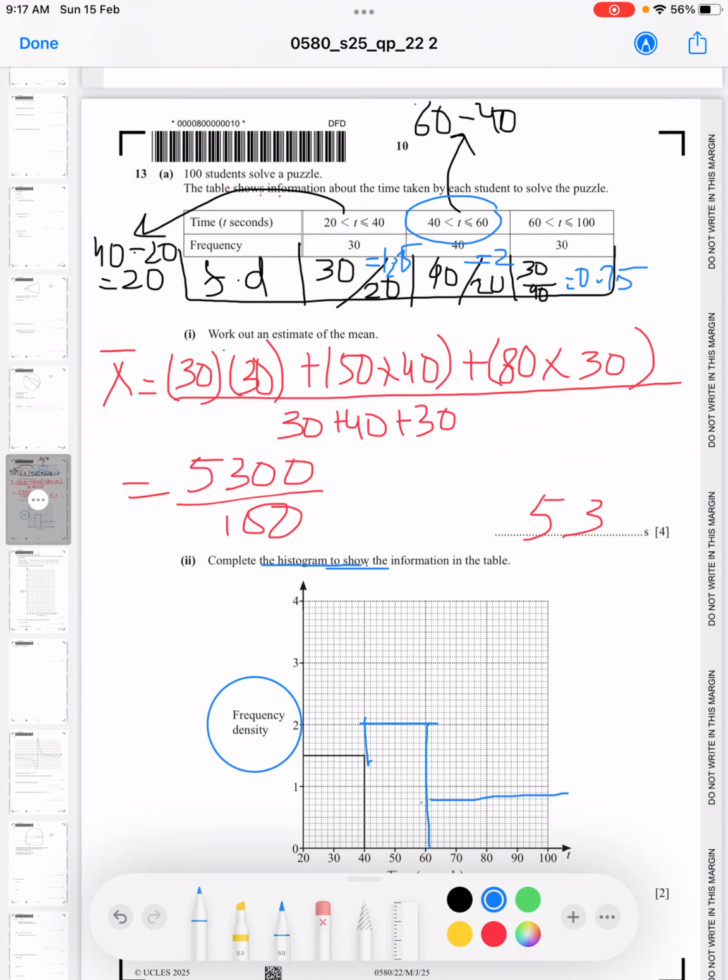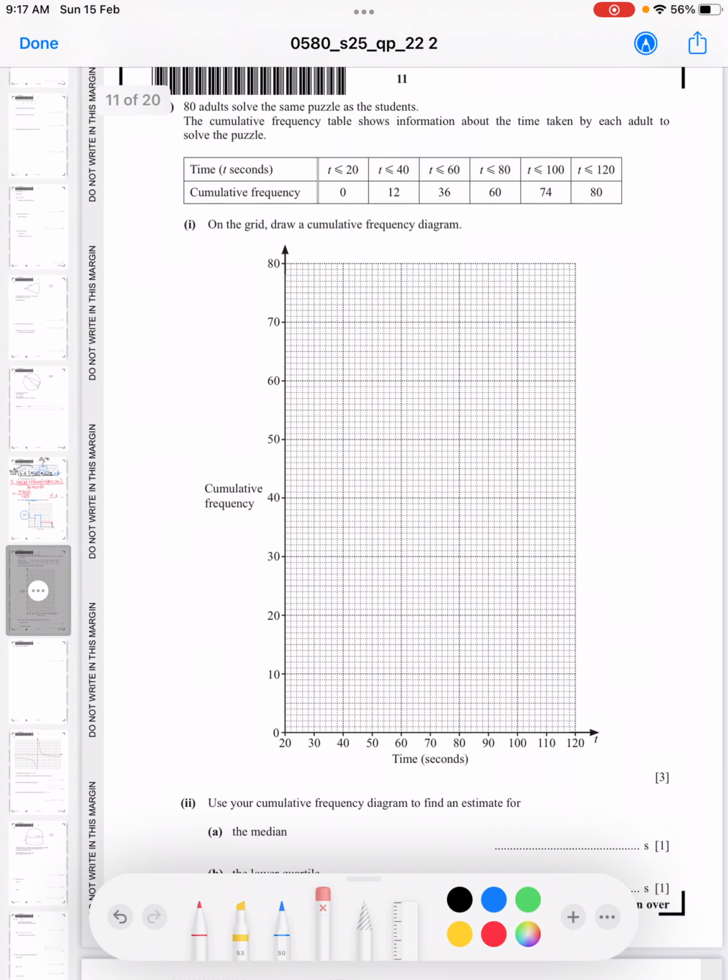Yes, this one. Right? Okay. Clear? Now let's move to the next part.